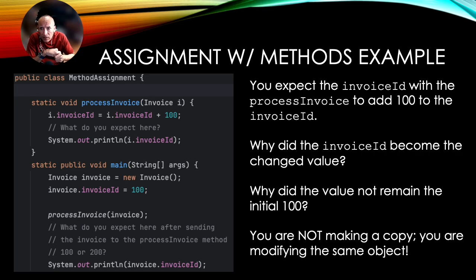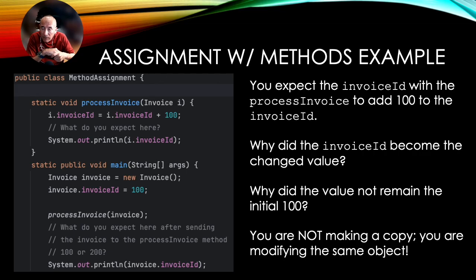When I change the invoice ID inside of that method with its object instance of type invoice, which I call i here, and I add 100 to it, well, as you might expect, whatever you pass in will get added 100.